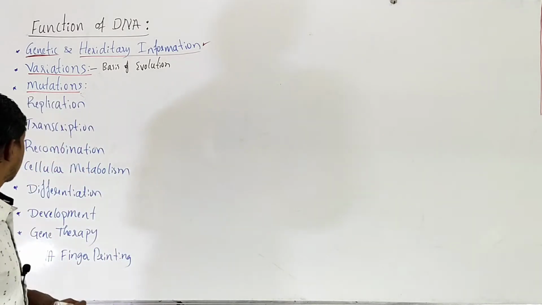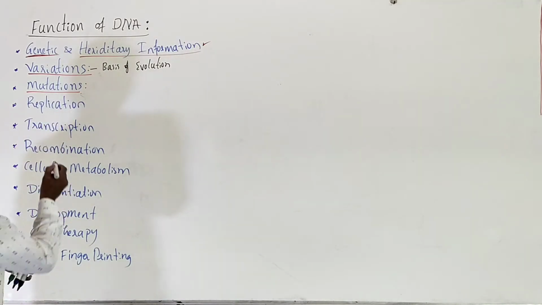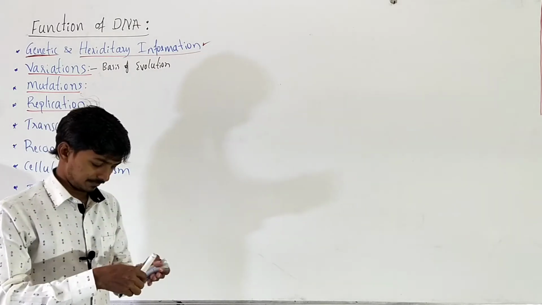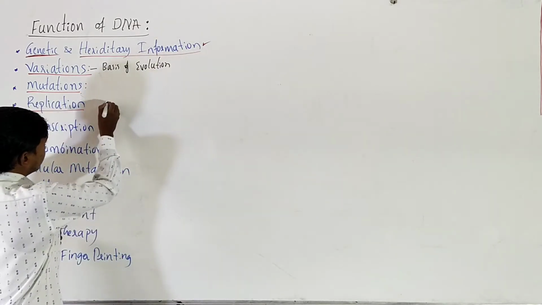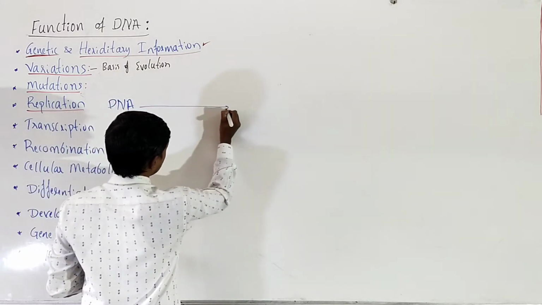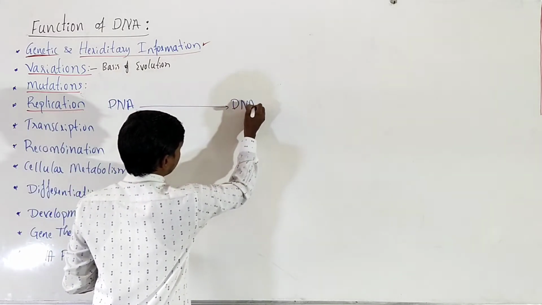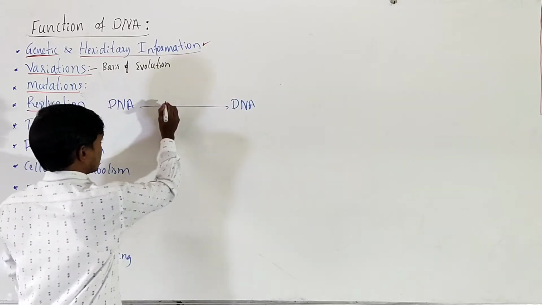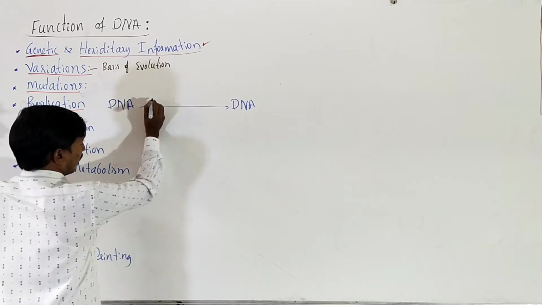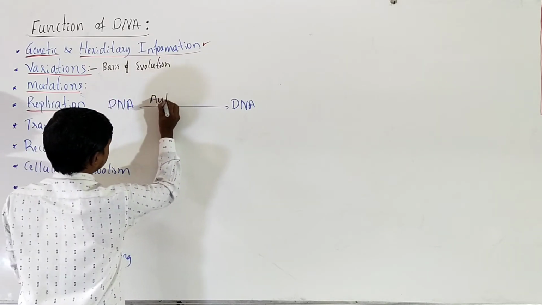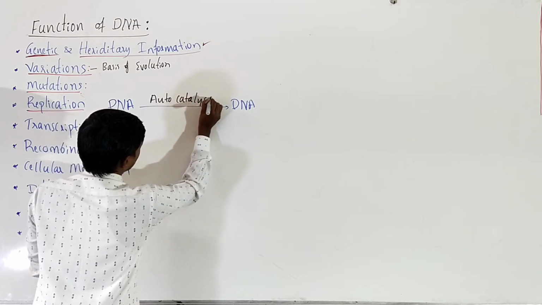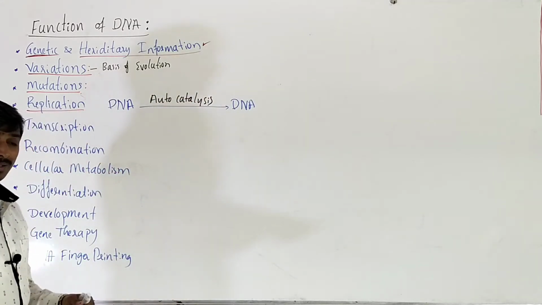Right. Next, replication. It means DNA can form another DNA. DNA by the process of replication forms another copy of DNA. The replication is also known as autocatalysis.